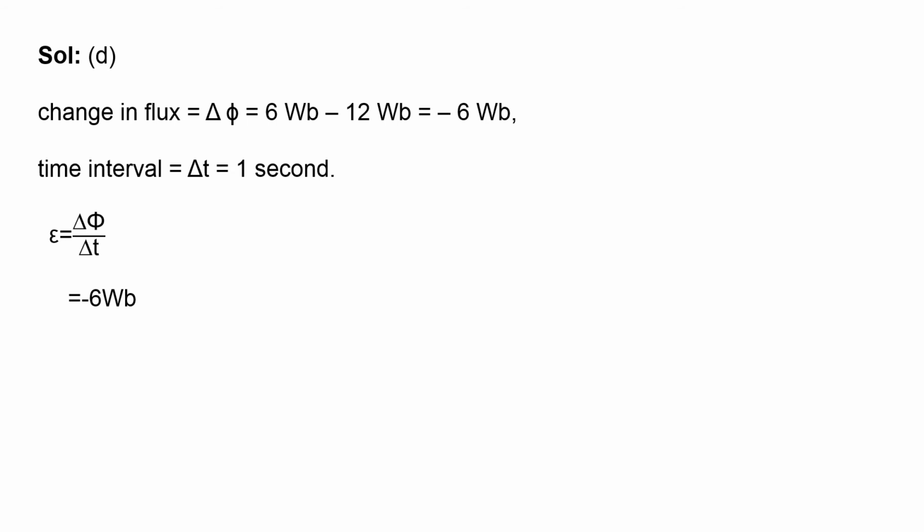So change in flux is minus 6 Weber, and the corresponding time is 1 second, that is delta t, the time interval for this change. So from Faraday's law, epsilon is equal to minus delta phi by delta t, that gives a value of 6 volt.